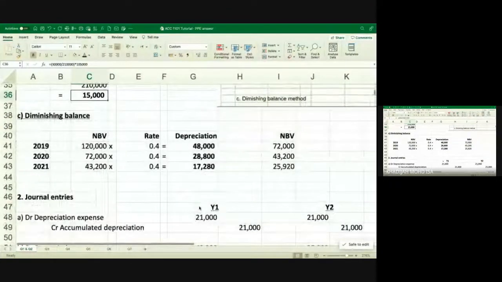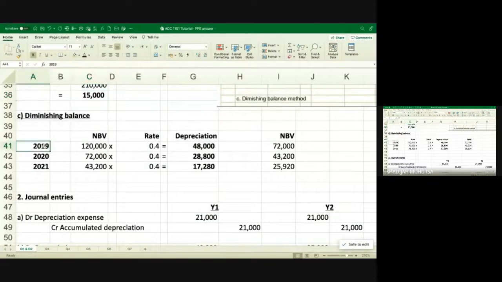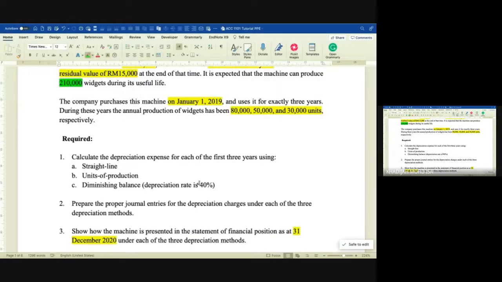For diminishing balance, we have 2019. Because you only purchased the asset in 2019, the net book value is still 120,000 because you have not provided any depreciation. The rate given is 40%.